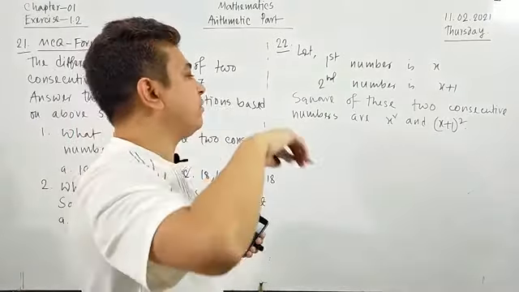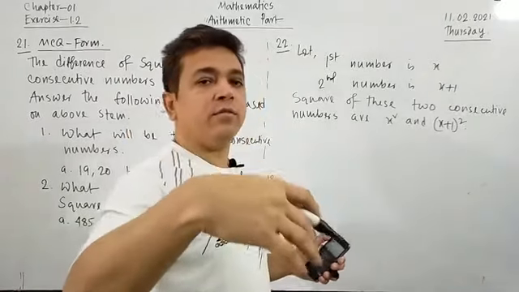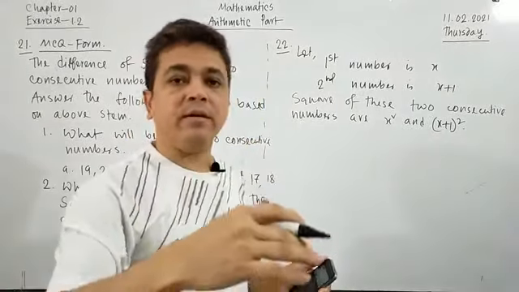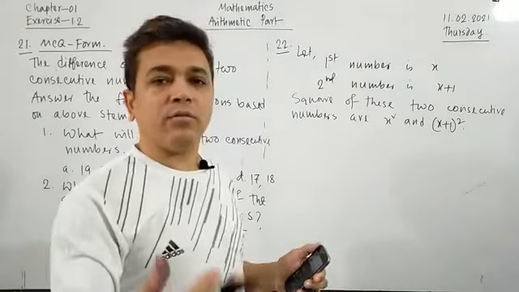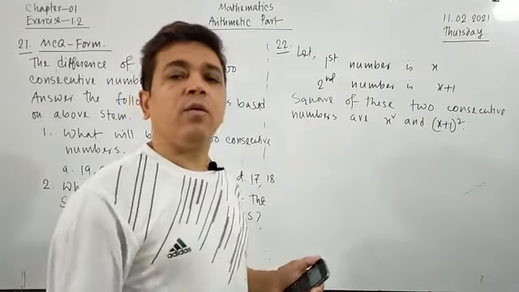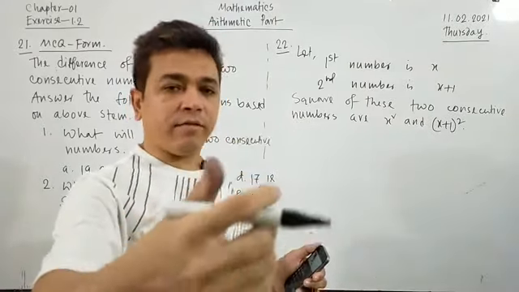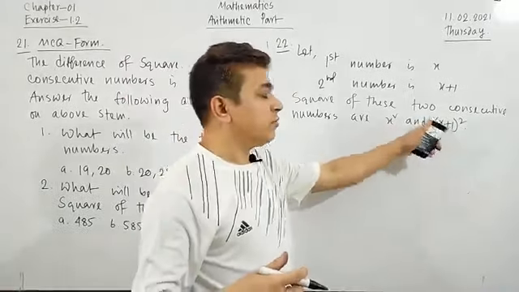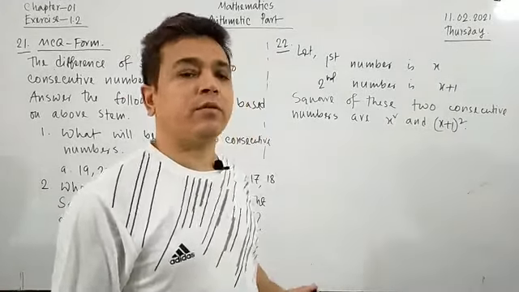Okay, so we have to find the difference of squares of these two consecutive numbers that is a perfect square. What number will be the perfect square? The difference of squares of these two numbers will be the perfect square.